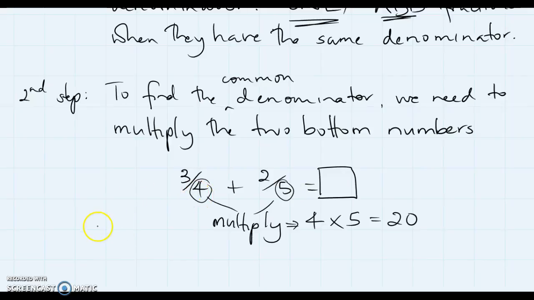Can 4 go into 12? Yes, 3 times. Can 5 go into 12? No. So 12 doesn't work. We need to find a number that both bottom numbers can go into. And that's simple, just multiply them. 4 times 5 equals 20, and 5 can go into 20 4 times.